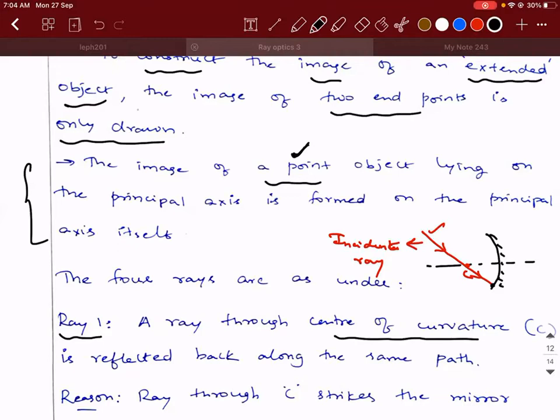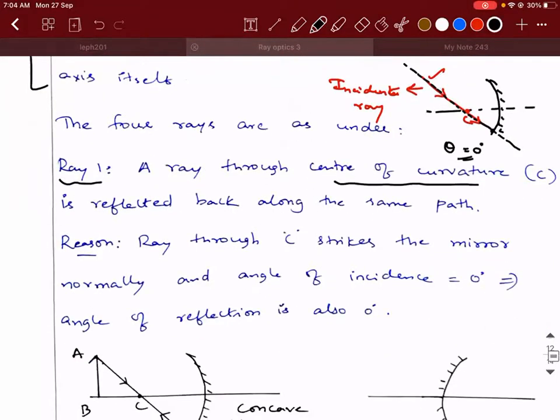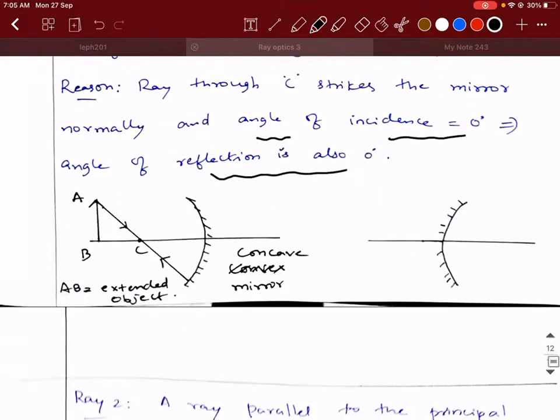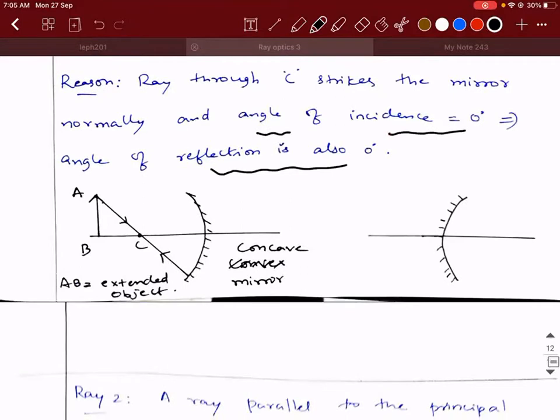You should always draw a normal at the point of incidence. When you draw a normal, what would be the value of theta? Theta is equal to 0 degrees, right? So the angle of incidence is 0 and the angle of reflection will also be 0. That is the reason why a ray passing through the center of curvature will retrace its path.